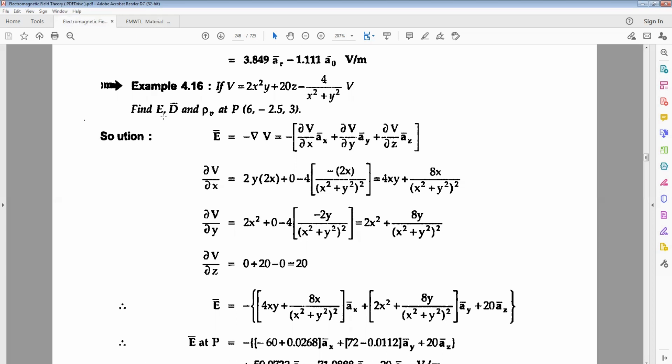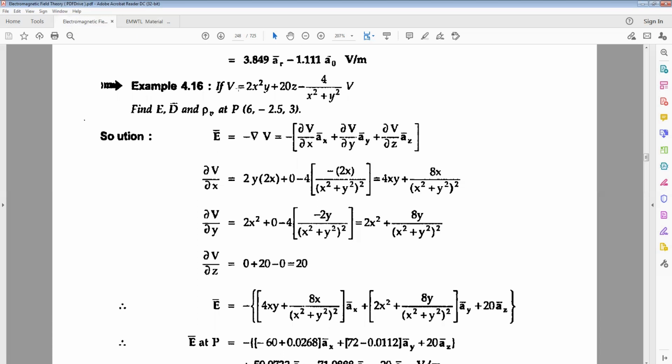The relation between the voltage and the electric field is E bar is equal to minus gradient of V, del V. The given point is in the Cartesian coordinate system, and the voltage is also in terms of x, y, and z only.